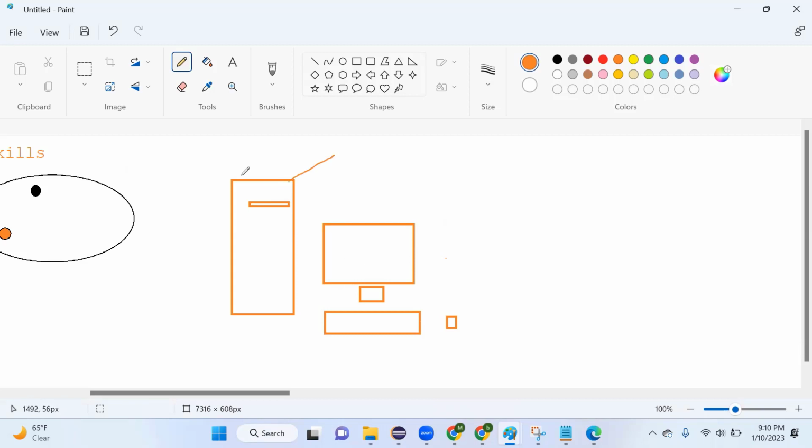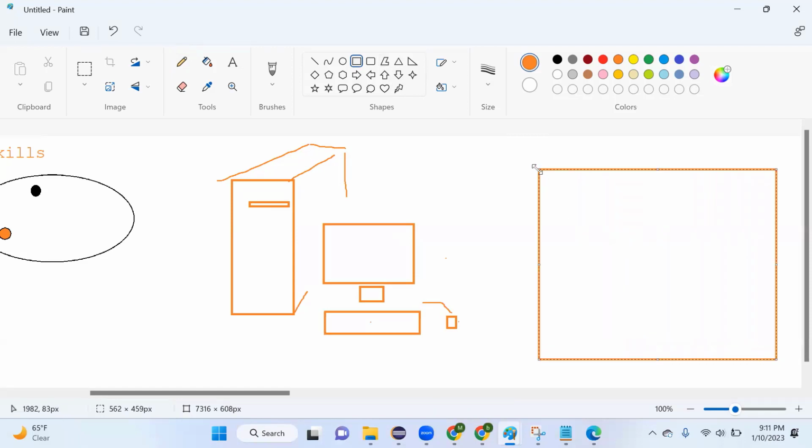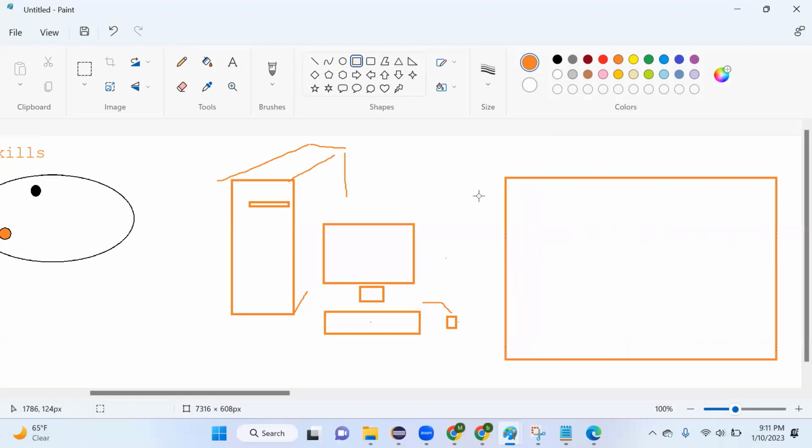Hardware has the box. The motherboard resides in the box. And this is the monitor, this is the keyboard, this is the mouse. All of you know this. So let's bring this box in front of you. Yeah, this is the box. Let's lay it down on your table and open the shutter of that box, and you will find a big circuit board where you will find lots of very thin copper cables.